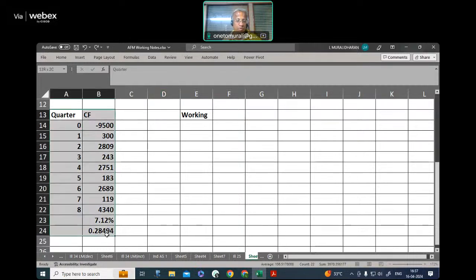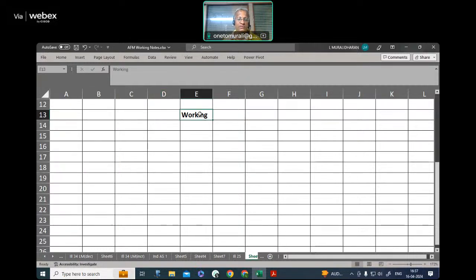So I would like to exclude all this and I'm just drawing it afresh. Cash flow statement, quarter number 1 up to 8.